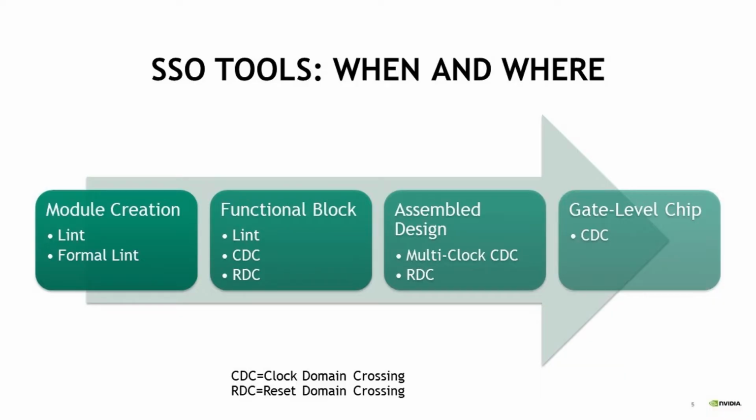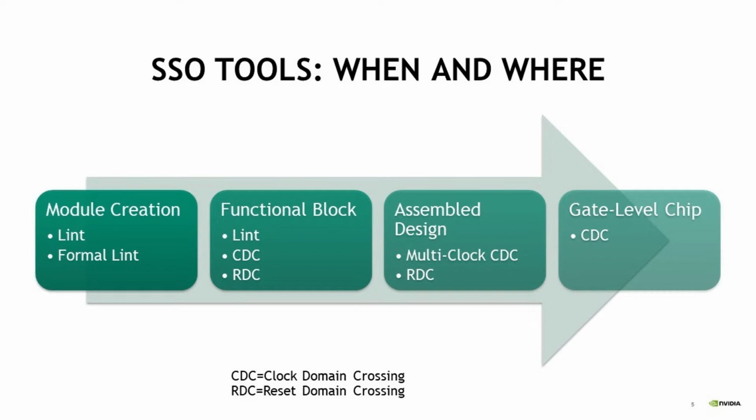This is sort of a schematic representation of the chip design cycle, and talking about when we use various static sign-off tools. And the idea is that we're using different combinations of the tools in different phases of the design process. So when you're starting with an RTL module creation, maybe at that point you can run lint.